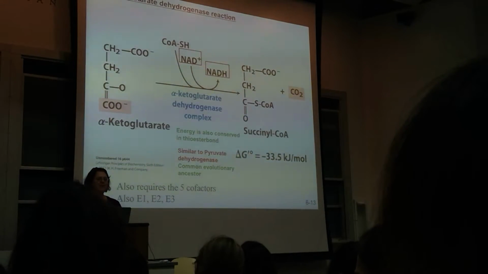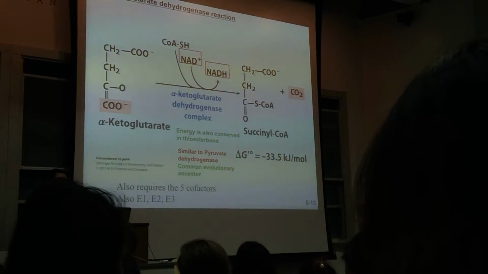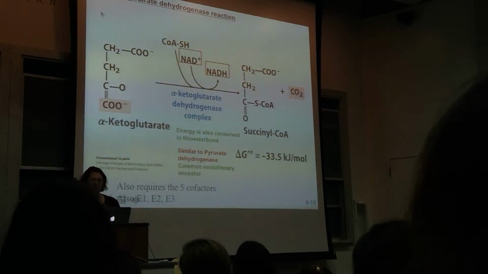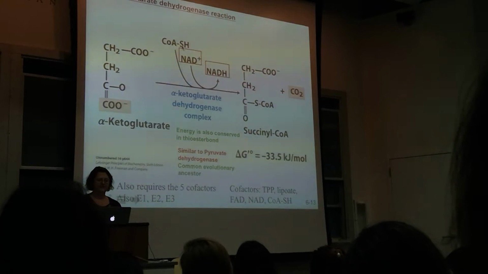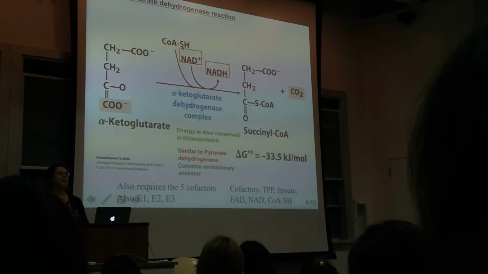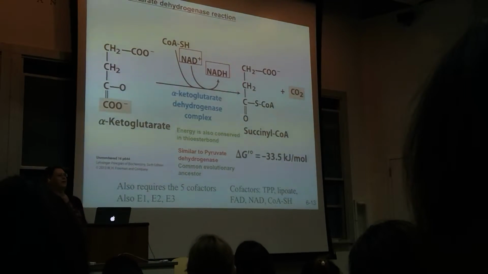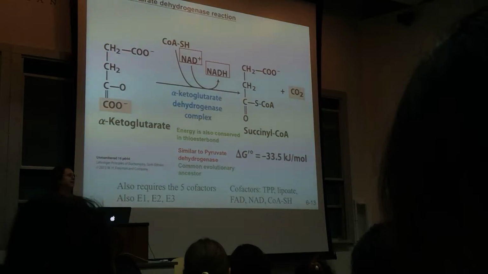NAD plus. We already talked about NAD. Yeah, FAD. And then the other one is right here, which is actually CoA in the reduced form. Oh, and then I forgot, lipoate, right? It's really important in terms of moving the intermediates to the next part of the active site, okay?